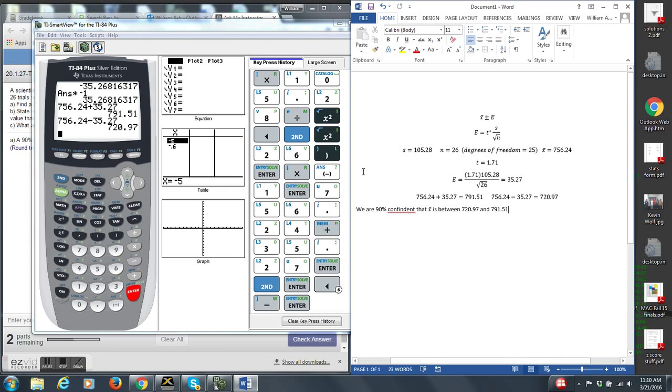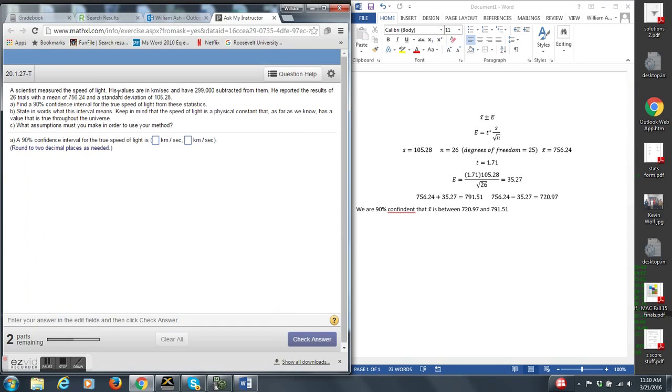But there is one little tricky thing to this particular problem, is this little bit right here. When he got his speed of light, he subtracted 299,000 from them. So to get my speed of light, I have to add the 299,000 back onto it.